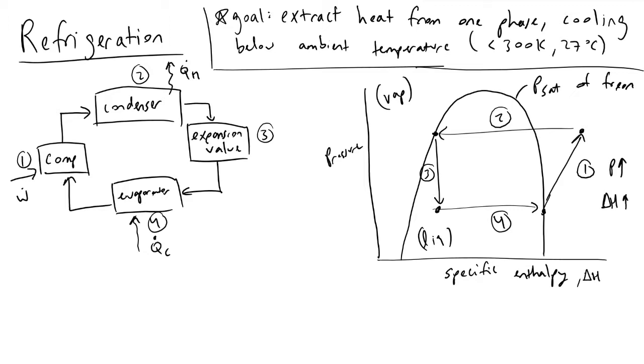And what happens next in the car, for instance, is it's going to pass through a condenser. And in the condenser, we're going to be rejecting QH joules of heat per second to our surroundings. This occurs in your car because you've got cold air coming into the engine bay, and that phase is taking the thermal energy out from the Freon coolant.